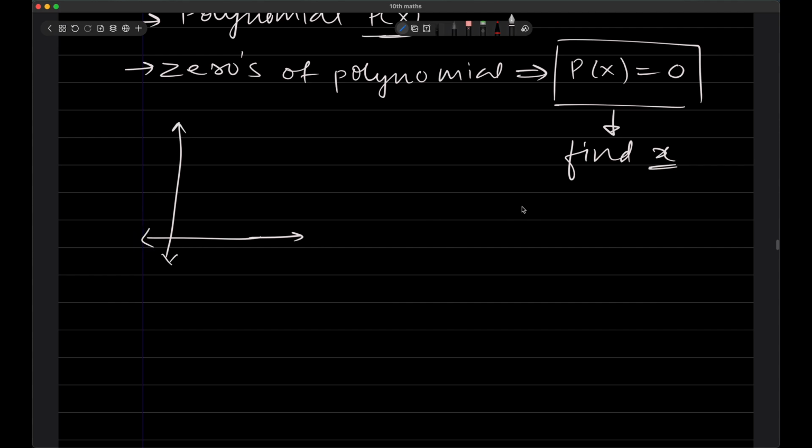if we are given, suppose say for example, p of x equals to 2x plus 4, to represent this on the x and y axis, that is on the graph, we find the y, that is we put p of x equals to y equals to 2x plus 4.